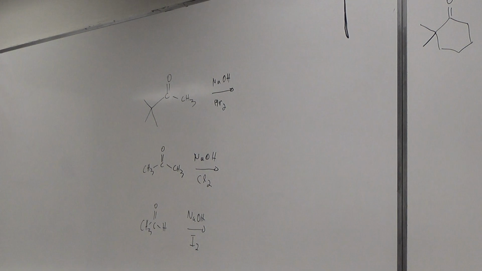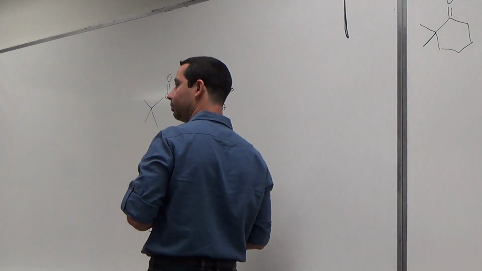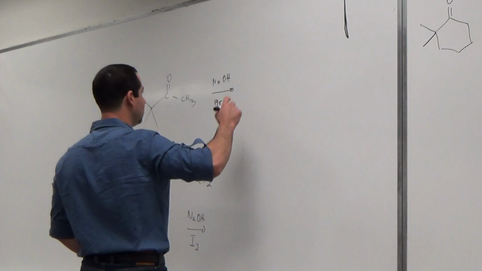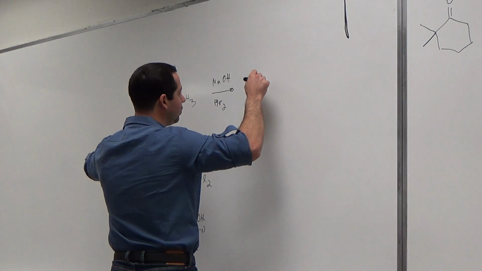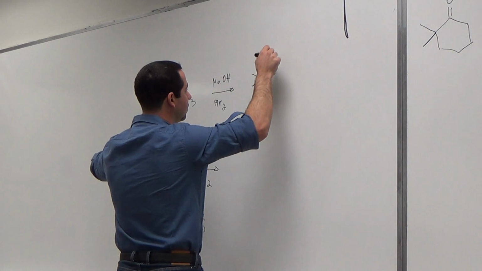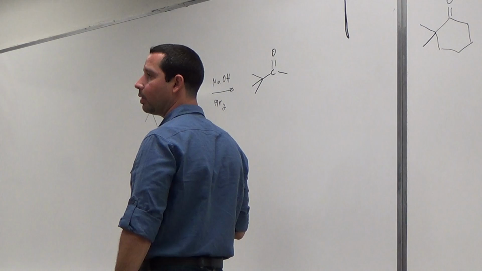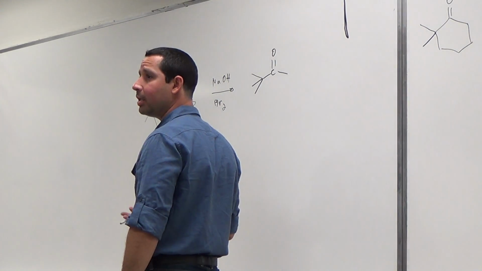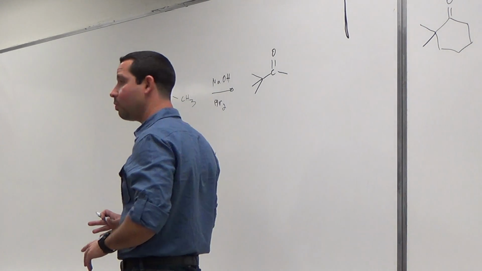Okay, guys. So what do we get here? The CH2Br? Does this have alpha protons? No alpha protons, so it stays the same. Why? Because it's tertiary.